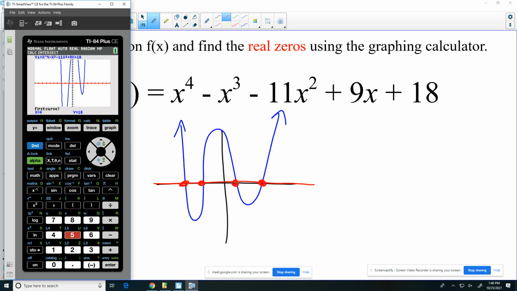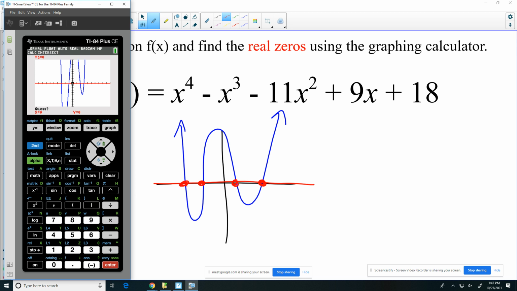The calculator is going to ask me some questions. It says, is this the first curve? If you look up top here, you're going to see a big long equation. It's saying, is that the first curve that you want to look at? To say yes, just hit enter. Because yeah, it is. Now it's saying, is this graph right here the second curve that you want to look at? It's actually blinking on it as well.